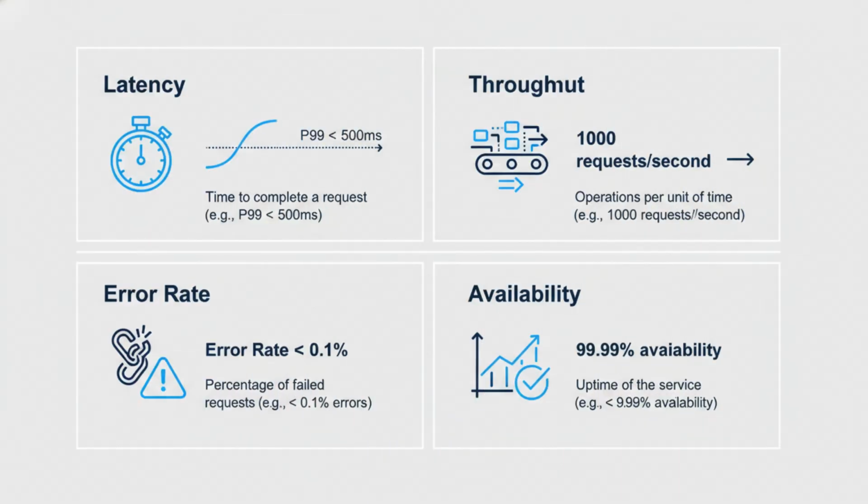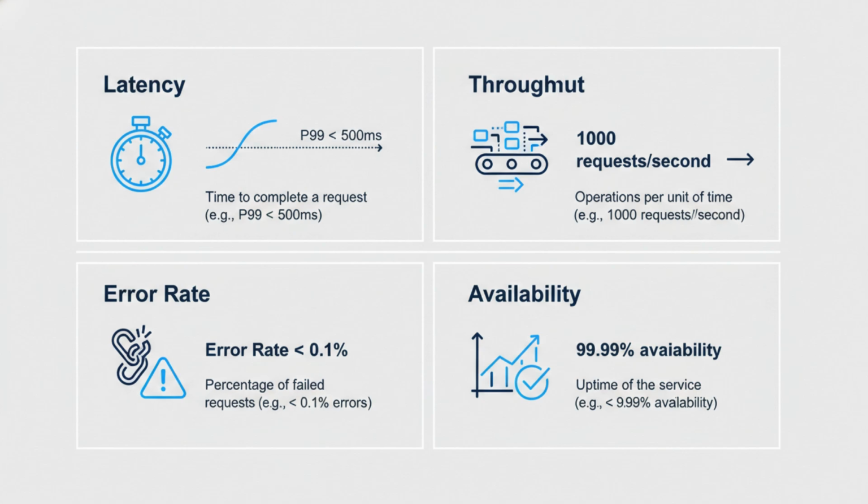When defining SLIs for microservices, we typically categorize them into 4 fundamental types that cover most aspects of service health and user experience. The first is latency, which measures the time it takes to complete a request or an operation. This is critical for responsiveness.